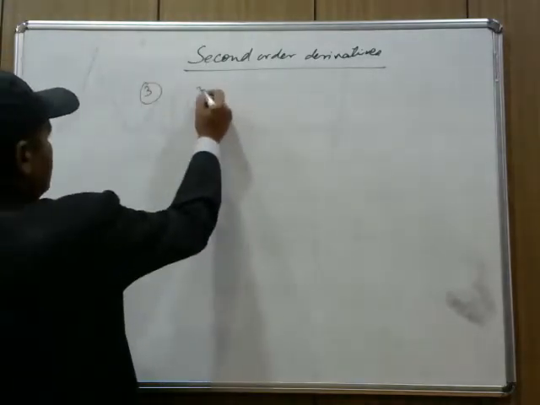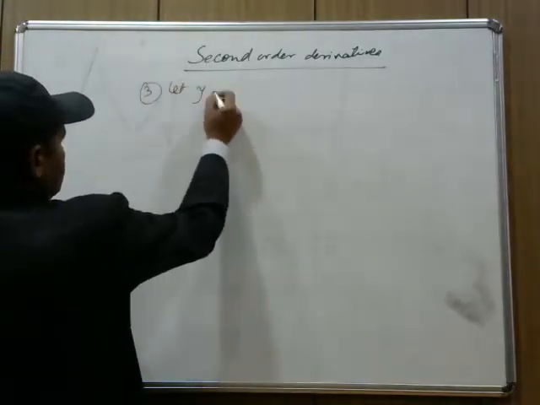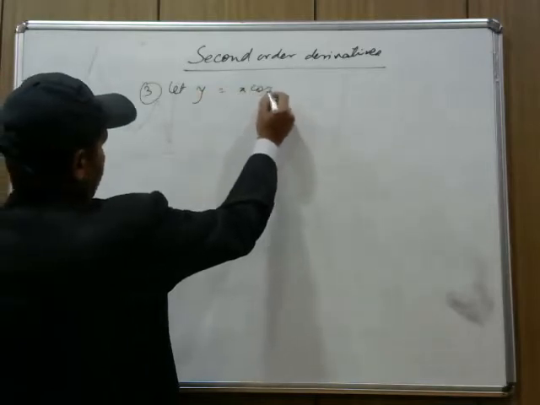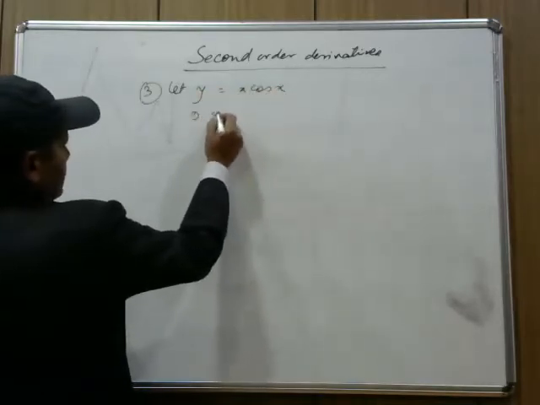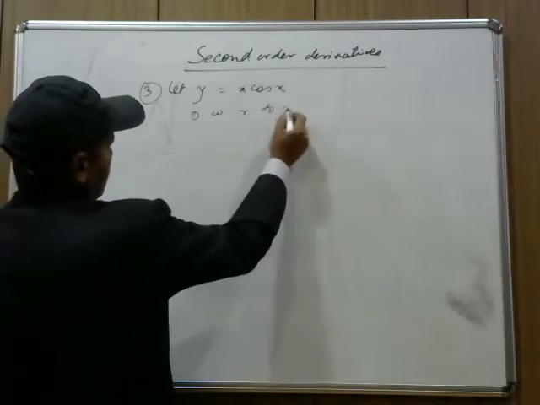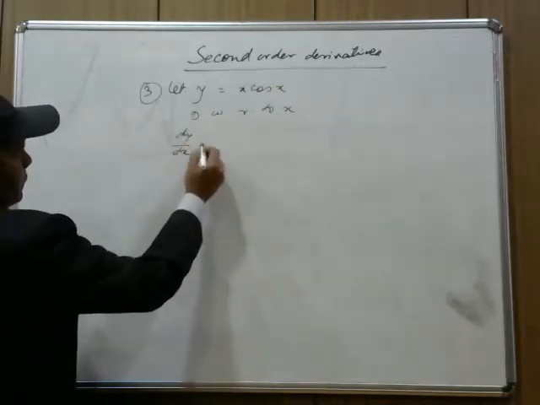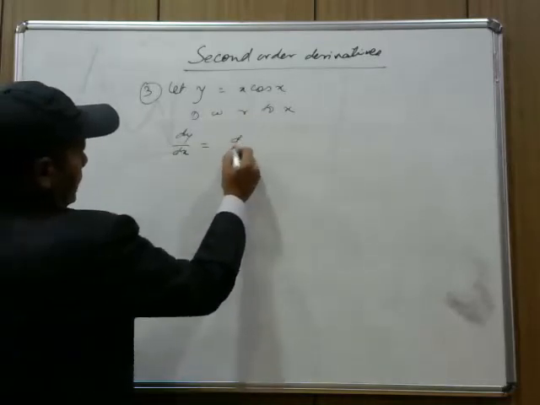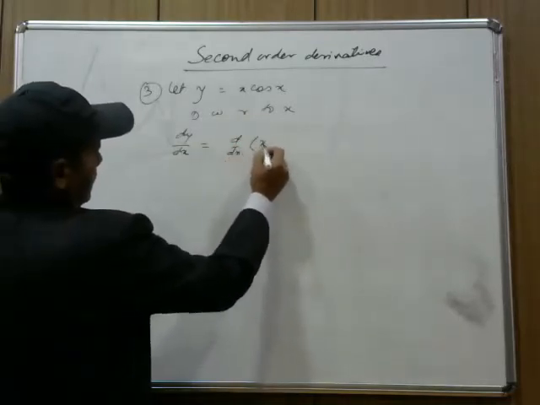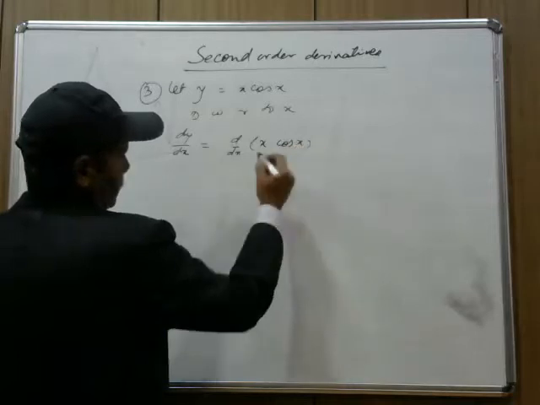Third, let y is equal to x cos x, differentiating with respect to x. We will write dy by dx is equal to d by dx of x into cos x. Here we will apply the product rule formula.